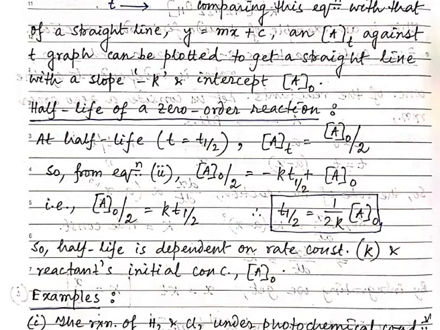So half-life is dependent on the rate constant k and the reactant's initial concentration, that is A0.